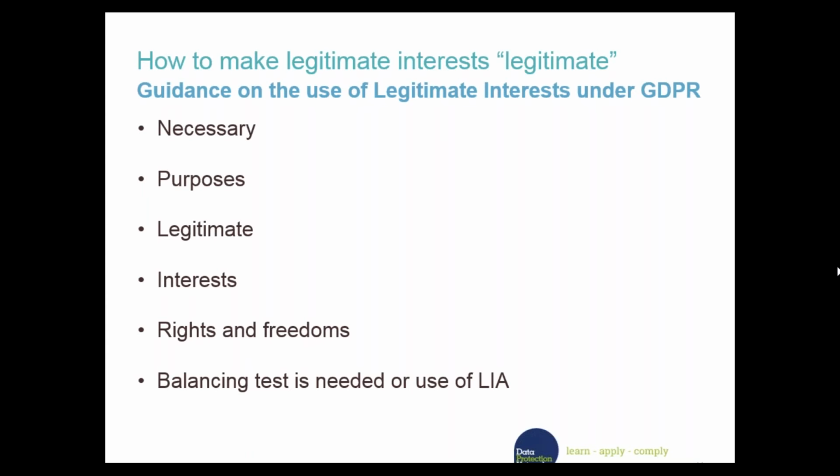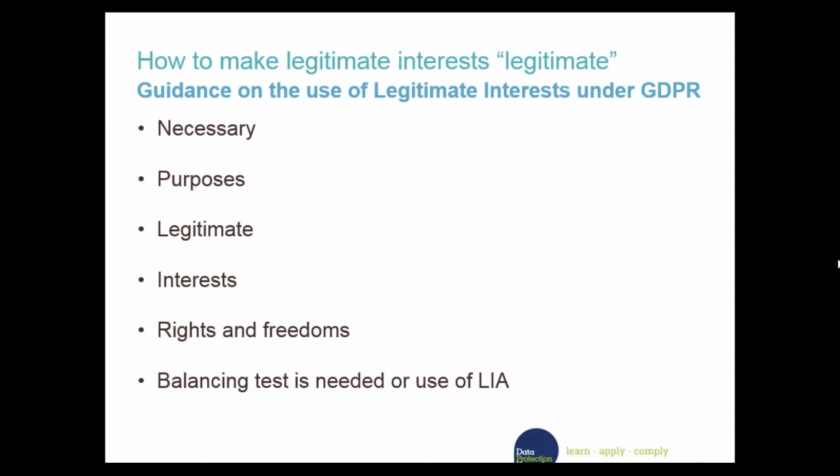Is it legitimate because we say it is, or do we have to recognize that the rights of the individual might override what we suggest is legitimate? What are the interests that drive us arriving at an assessment that it's legitimate, and what are we balancing our assessment against, or our decision against?